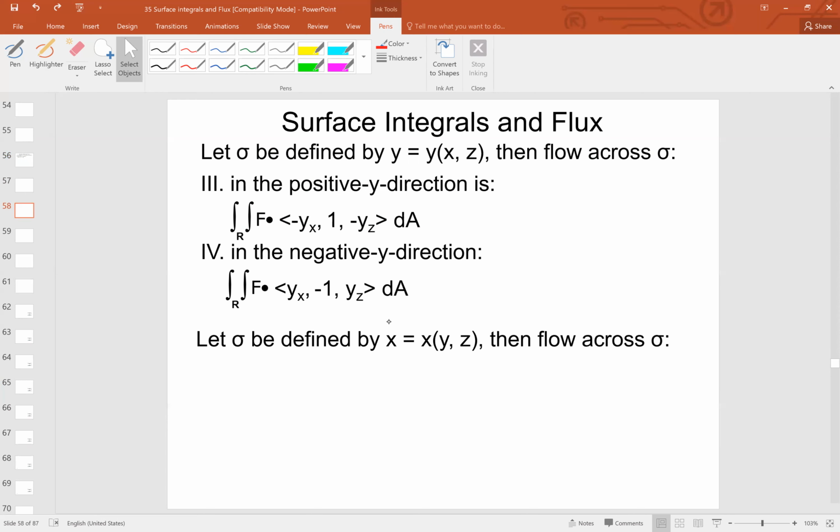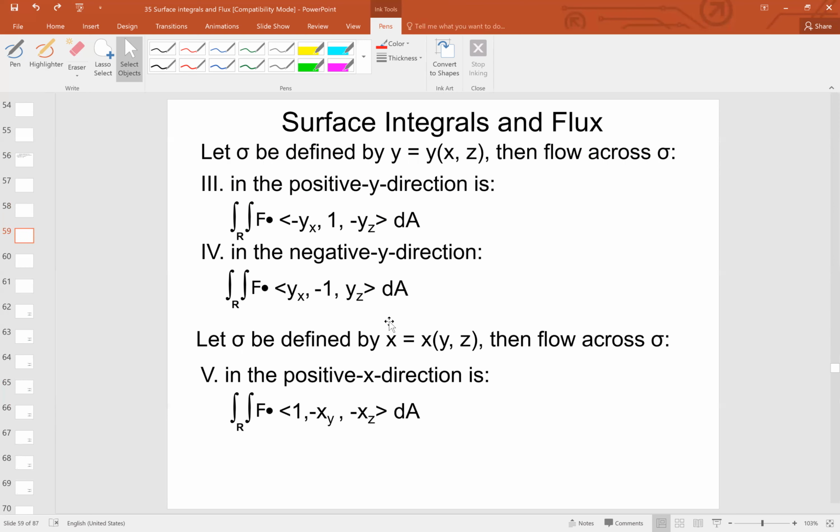Similarly, in the x directions, I guess you can say it's right and left, front and back, but it depends on how you draw your x and y, and sometimes x is front and back. So hence we orient the directions of the surface in the positive and negative directions of the axes. So in the positive x direction and the negative x direction.